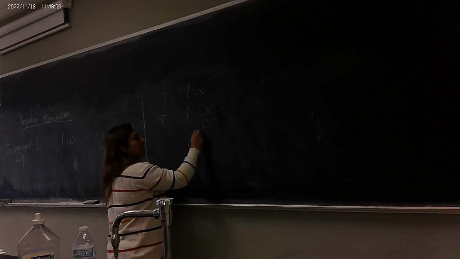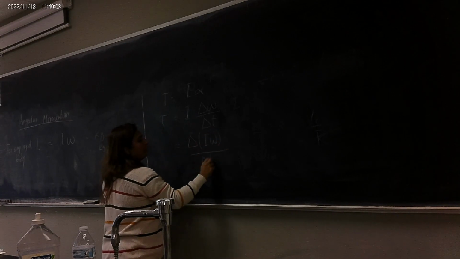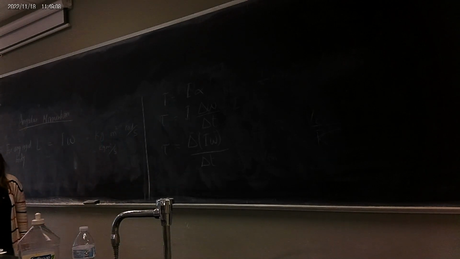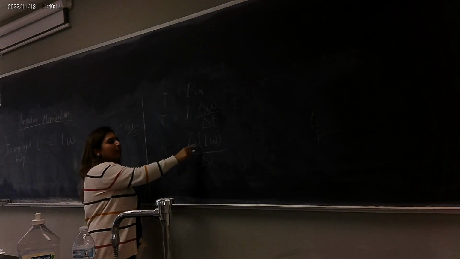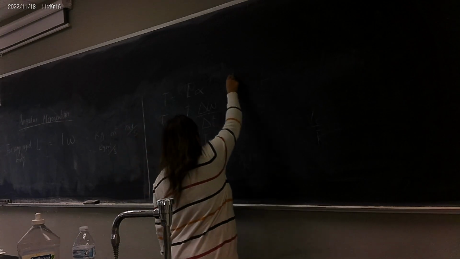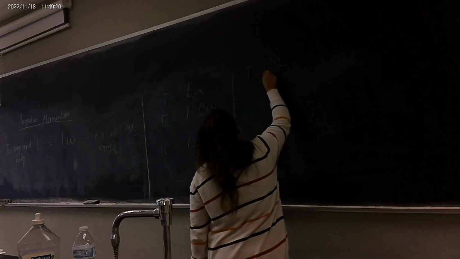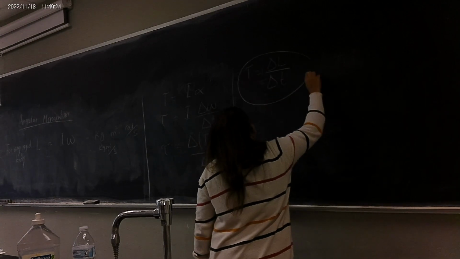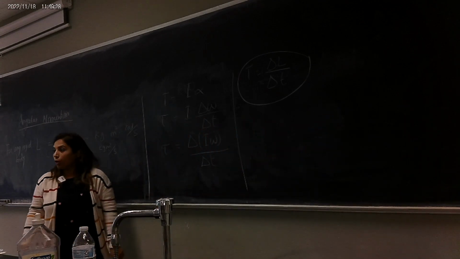Taking I inside the delta doesn't matter because I is constant. Delta is only applied to omega, which is what is changing. That takes you to this equation, delta L over delta t. That is the momentum form for torque.